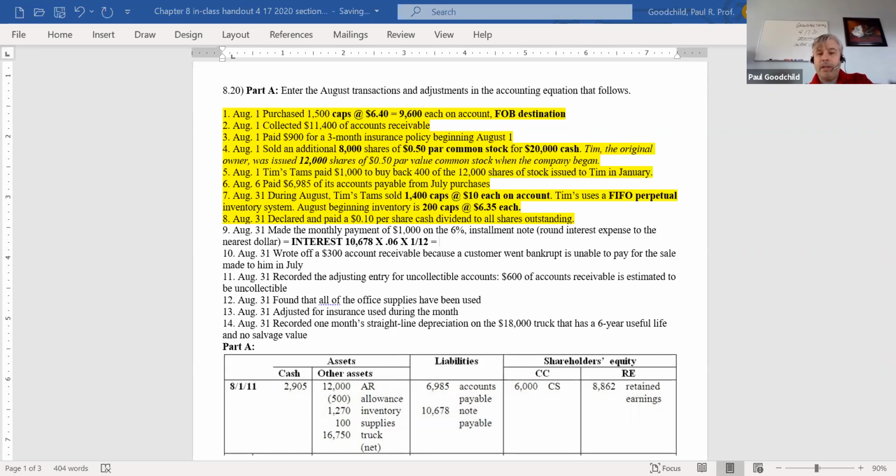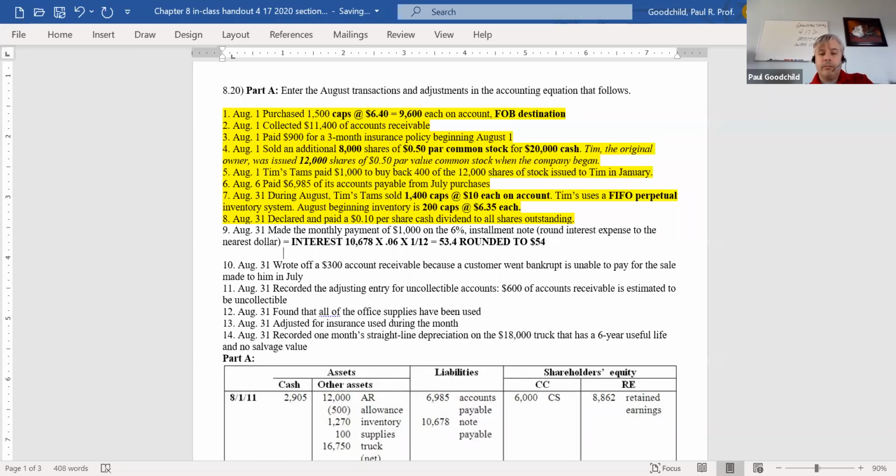And so when I make that calculation, I get 53.4, rounded to 54. And so principal would be the 1,000 minus the 54, so 946.